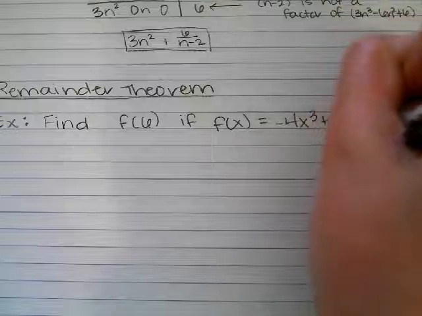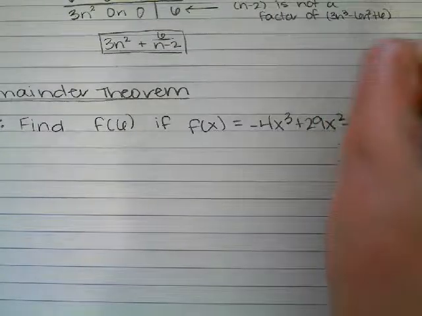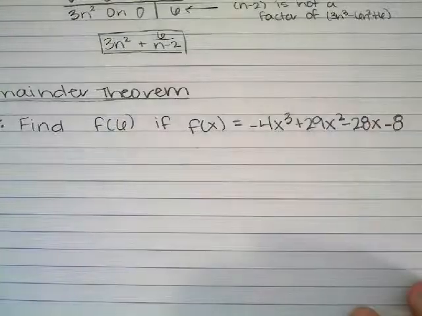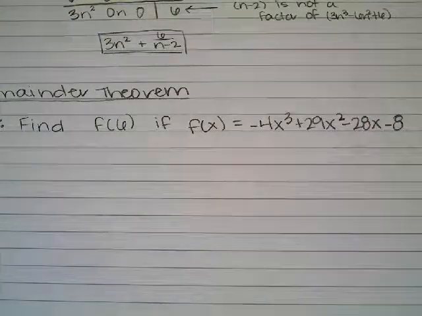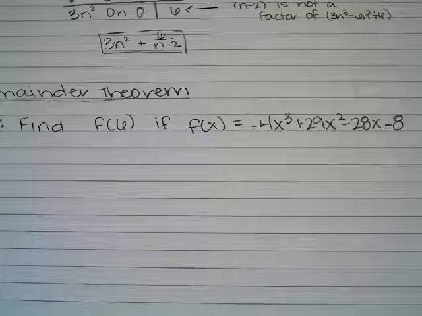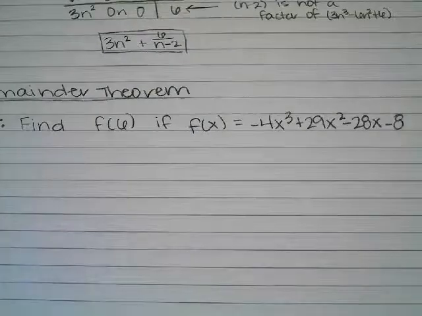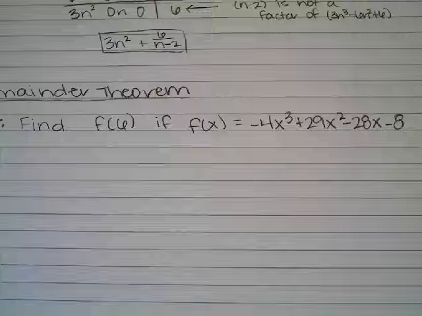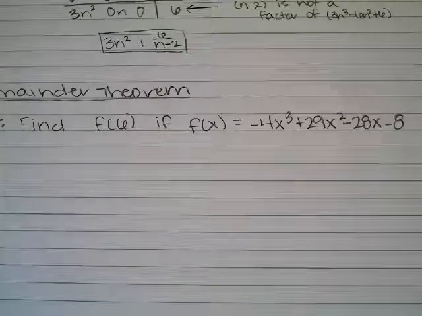We're not going to use calculators, so put your calculators away and see what you can do with this problem. So find f of 6 if f of x equals negative 4x to the third plus 29x squared minus 28x minus 8.